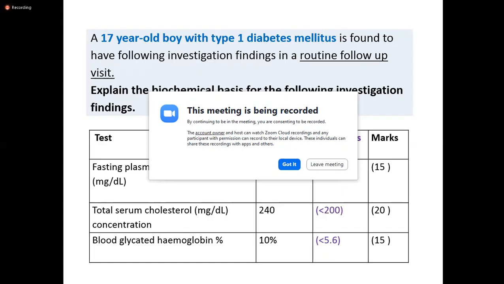Therefore, there is an absolute insulin deficiency. Insulin is a peptide hormone which facilitates the uptake of glucose from the plasma into cells directly or indirectly. Insulin dependent tissues like adipose tissue, cardiac muscle, and skeletal muscle take in glucose in the presence of insulin via the GLUT4 transporters, which is a direct action of insulin.